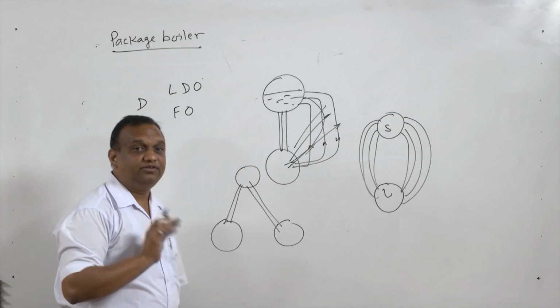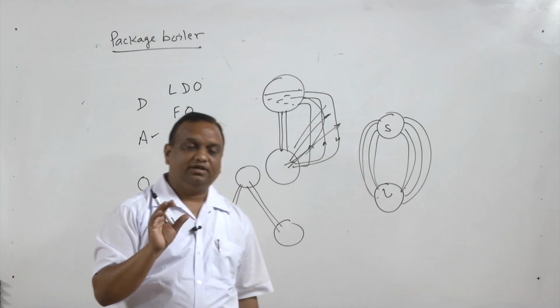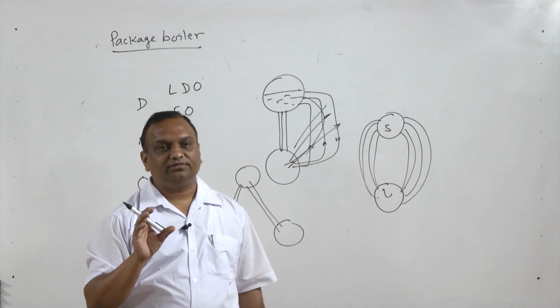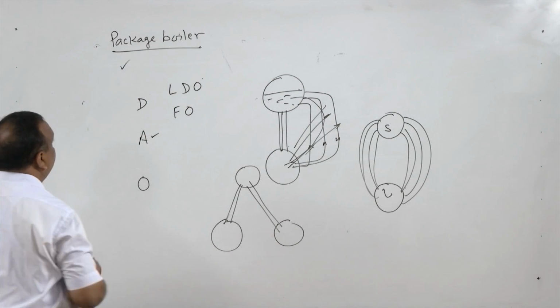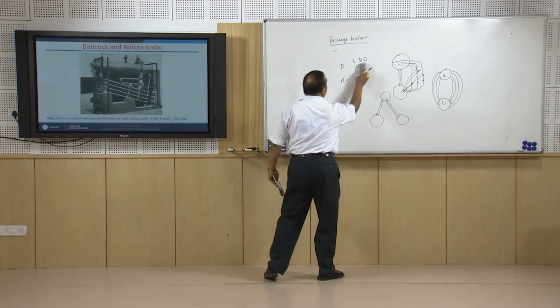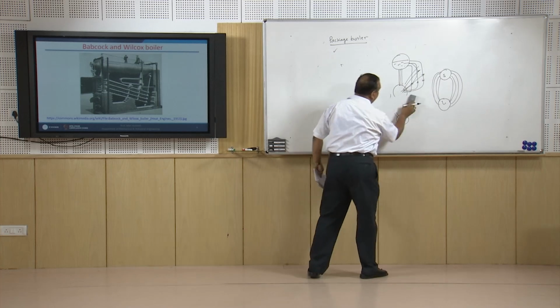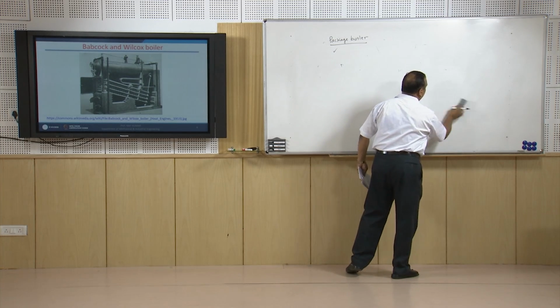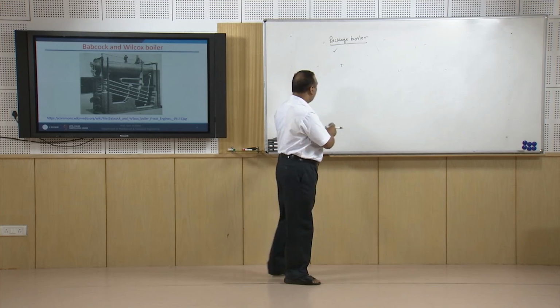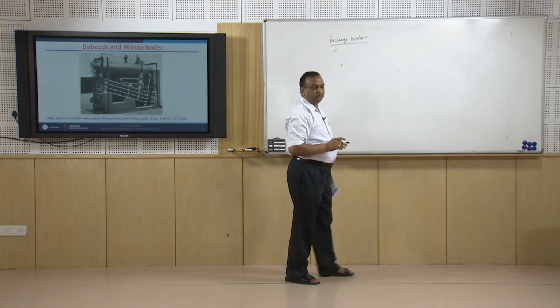The characteristic of these boilers is that they have small combustion space, and the heat release rate in package type boilers is quite large. Because they are compact boilers, the efficiency of these boilers is also quite high.